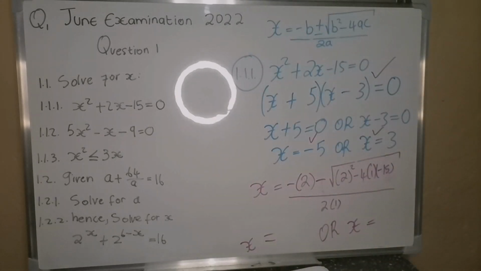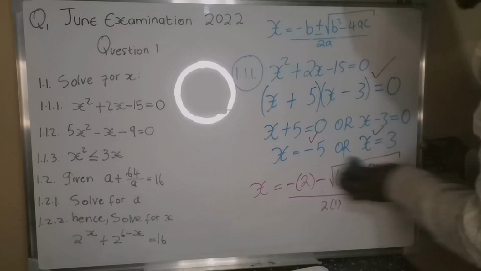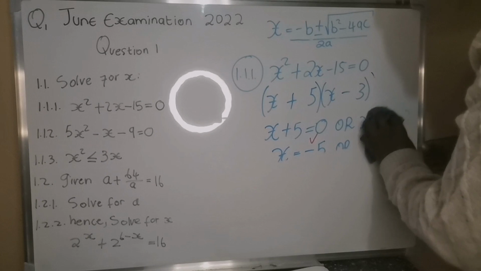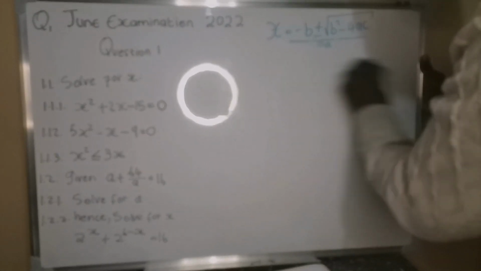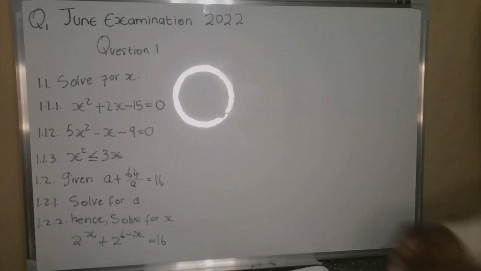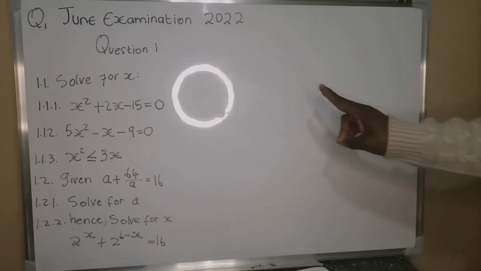Then 1.1.2, this one, guys, is very important, because in the examination this type of question is so simple, because they will tell you that your answer should be in 2 decimal places.